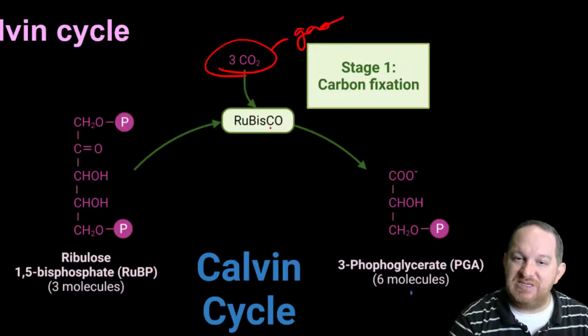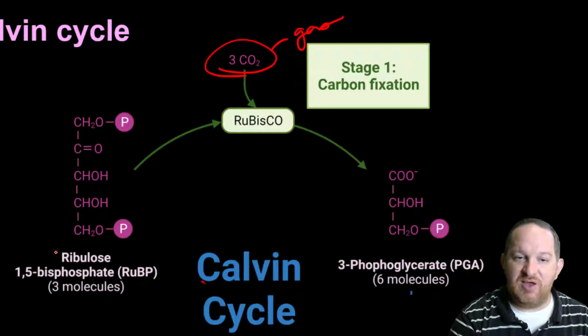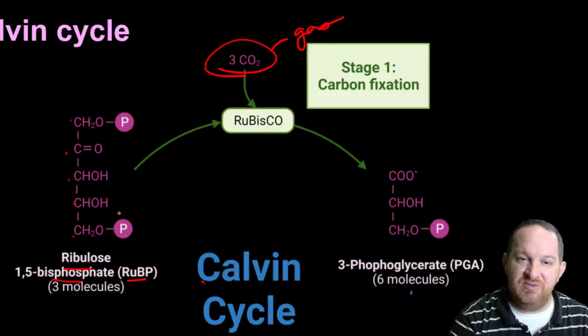So what happens is it joins the Calvin cycle, what I like to say, already in progress. So there is in the Calvin cycle already a sugar, ribulose 1,5-bisphosphate. We abbreviate this RuBP. So there it is. You can see there's 1, 2, 3, 4, 5 carbons. And what happens is this enzyme, RUBISCO, that's the enzyme, stands for ribulose bisphosphate carboxylase.